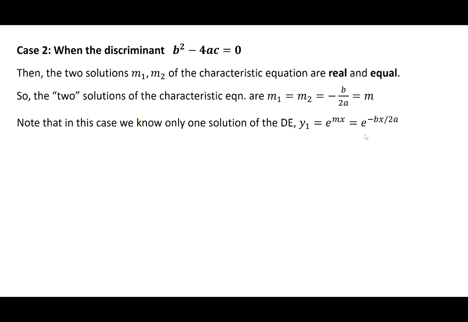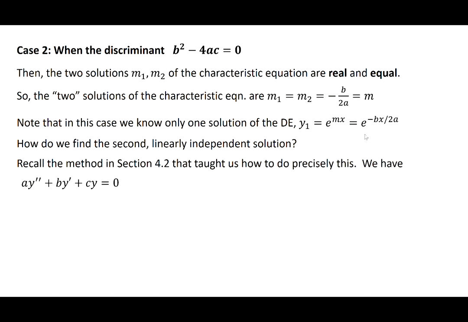How do we find that second solution? Well, in 4.2, isn't that what we did? Given a differential equation and one solution, we learned how to find a second solution. Guess what? We will employ that technique.